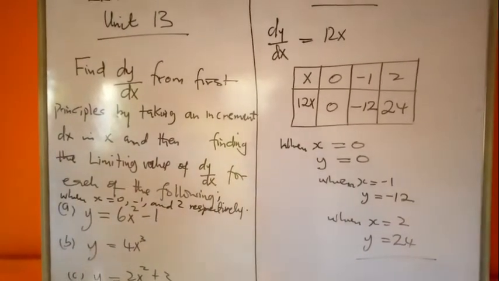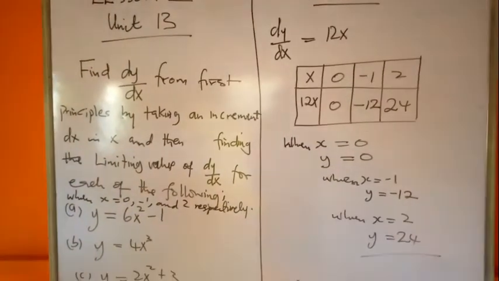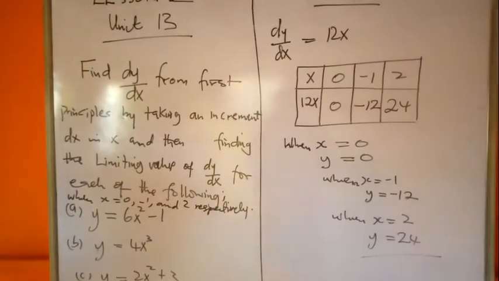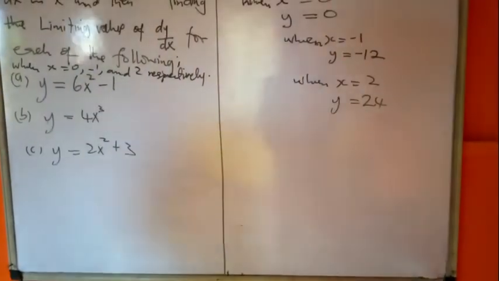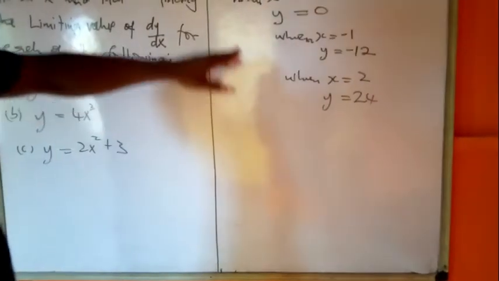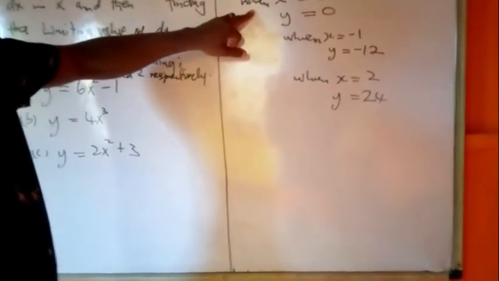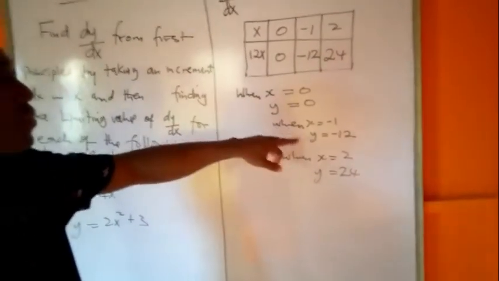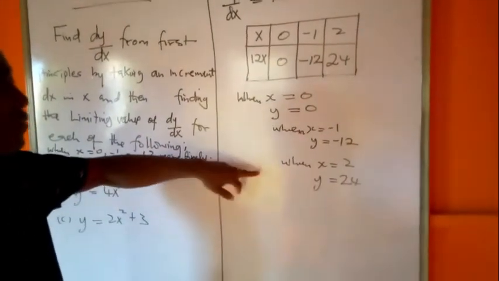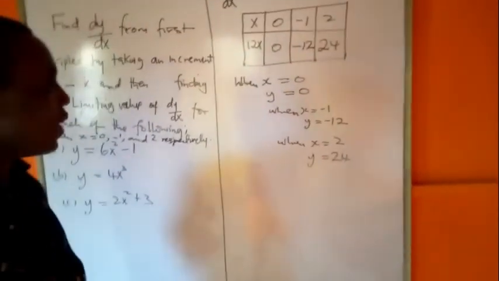Having gotten our values of y, when x is 0, y is 0; when x is minus 1, y is minus 12; when x equals 2, y equals 24.